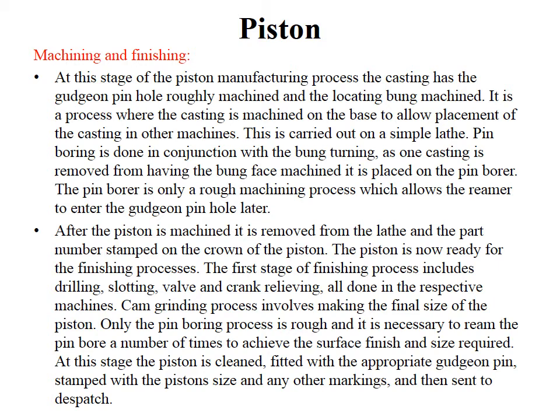The top portion of the piston is subjected to elevated temperatures, especially because of combustion, so it should be made sure that the surface finish is smooth and of the proper dimensions, after which the piston will be cleaned, the gudgeon pin will be fitted to it, and various other manufacturing markings will be done and it's sent for dispatch.